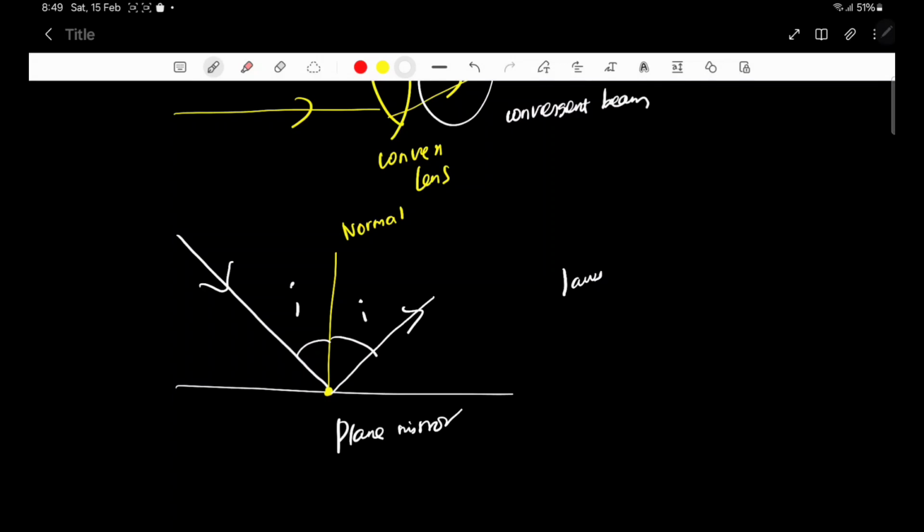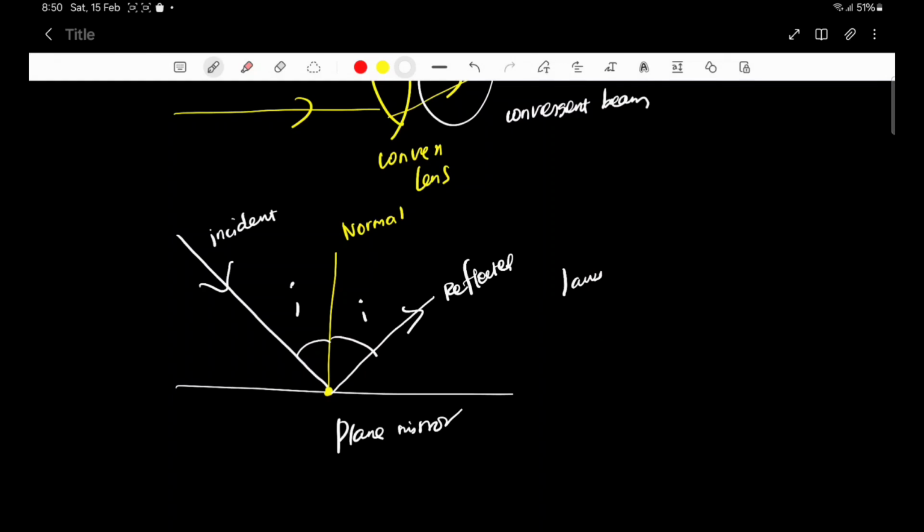Actually, in the laws of reflection, we have two statements. The first statement is this; the second statement is that the incident ray, the reflected ray and the normal line all lie in the same plane. Together these two statements complete the laws of reflection.